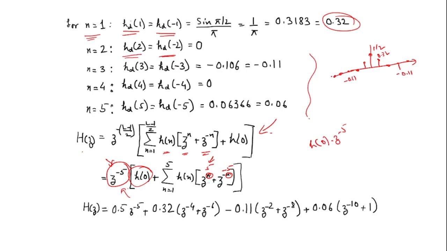Then h[5] is 0.06, here also you will get 0.06. Now this factor, this 5 factor, what will it have? It is getting to 0, right? Now if this is 4, minus 5 plus 4, what will you get?